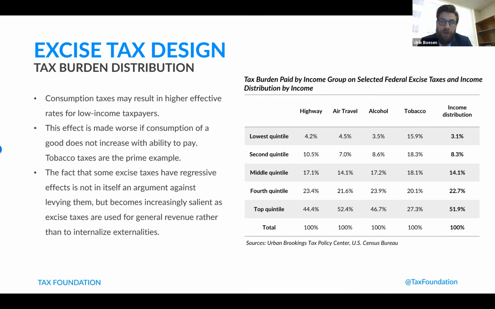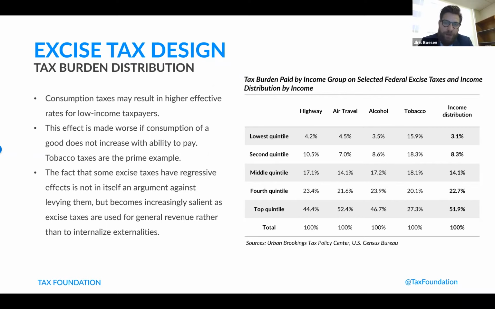So I've included a table here that shows you 4 federal categories and the tax burden paid by each income group. With taxes on highway use, motor fuel, air travel, and alcohol, it generally follows the income distribution, which means the more you make, the more you consume, and the more you pay in taxes.